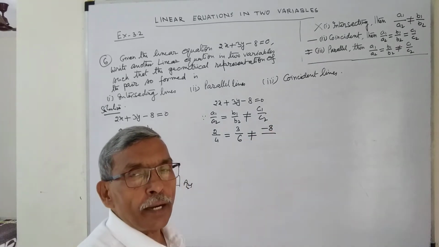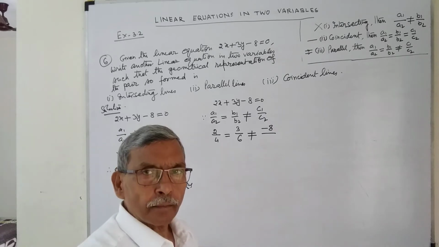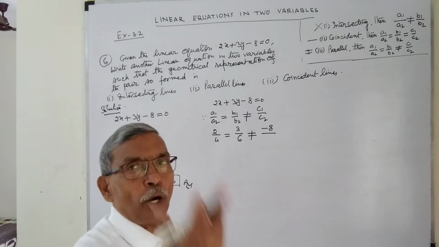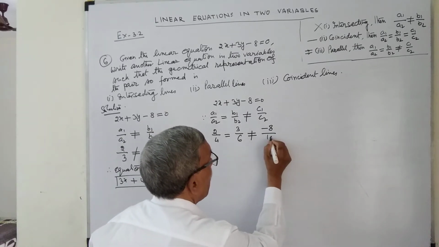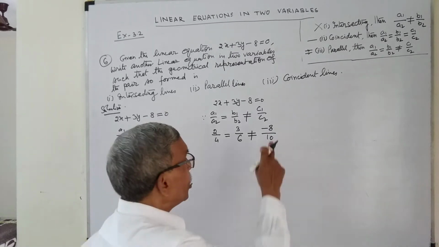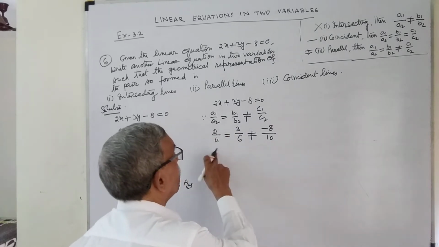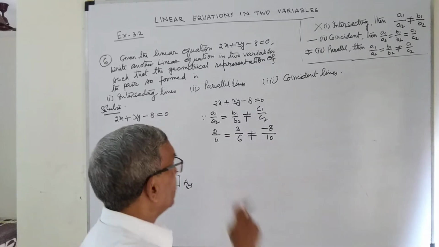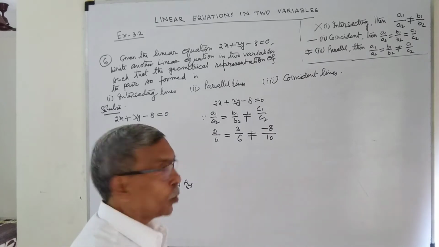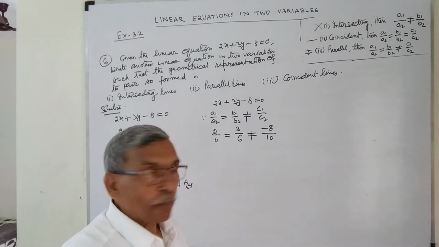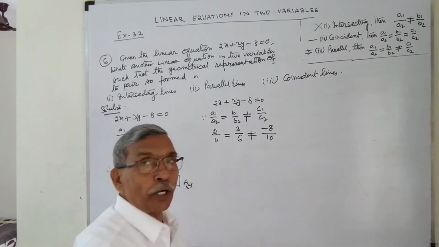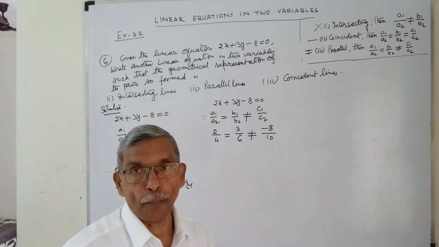You can take 8 upon 9, 8 upon 10, 8 upon 12, whatever you wish. I am taking 10. So 2 upon 4 is 1 upon 2, 3 upon 6 is 1 upon 2, and 8 upon 10 is not equal to 1 upon 2.